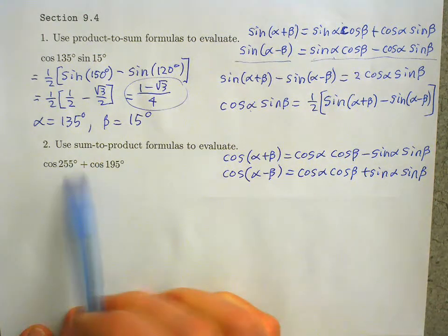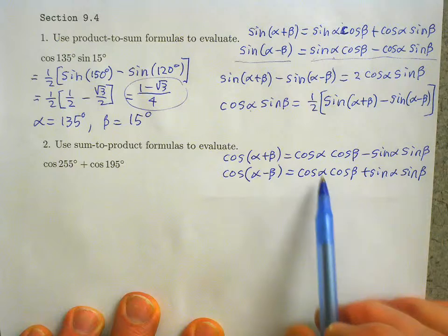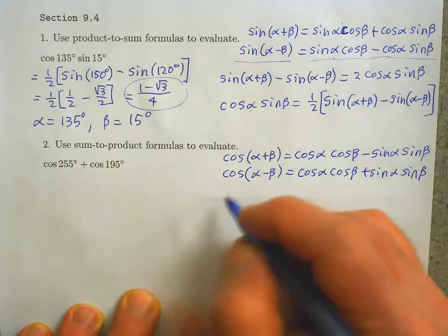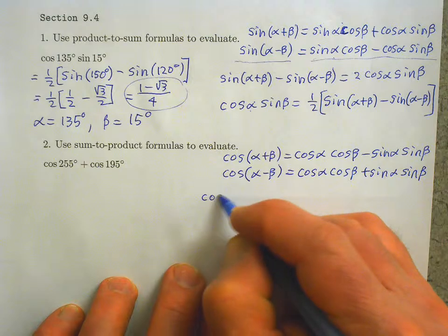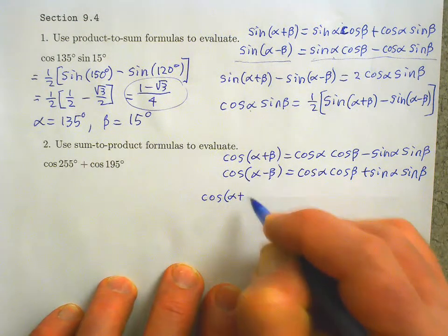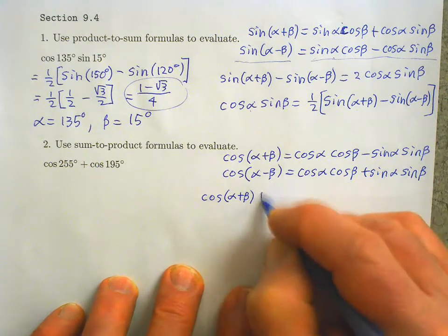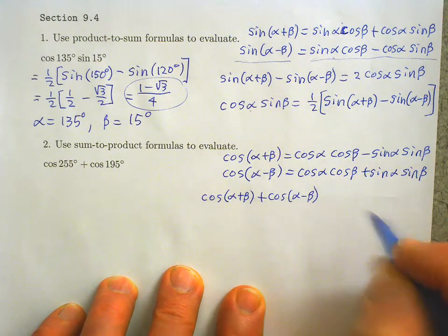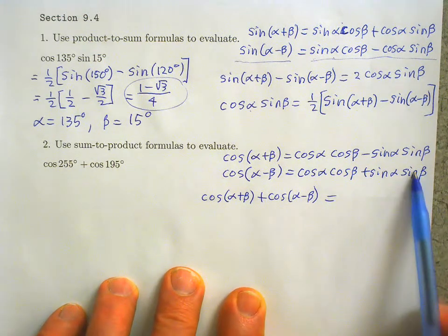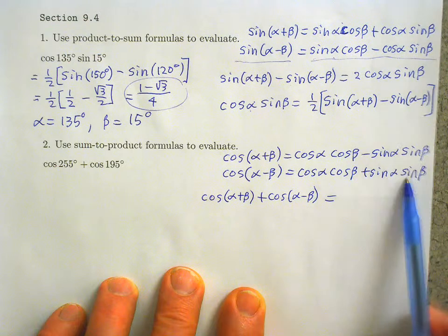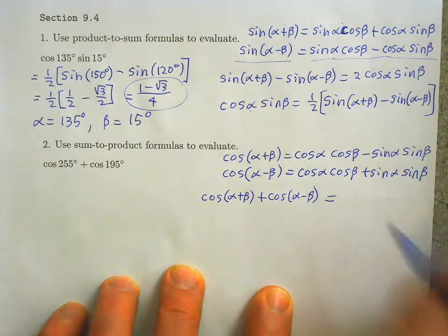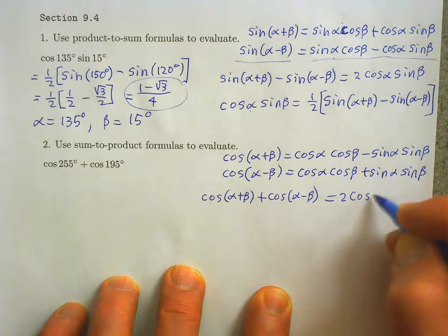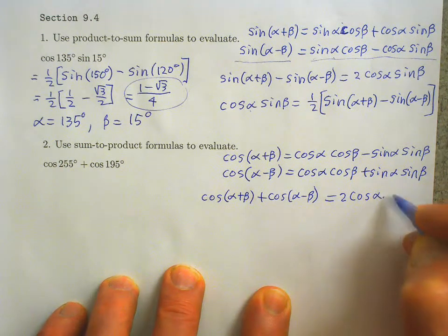And we want a sum of two cosines. So if we add the two equations, we get cosine of alpha plus beta plus cosine of alpha minus beta. And on the right-hand side, the sine terms add up to 0, and we just get 2 times cosine of alpha times cosine of beta.